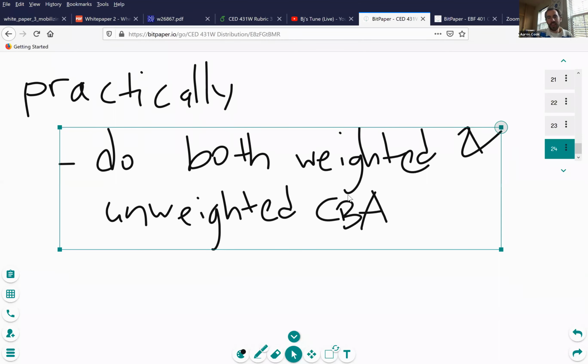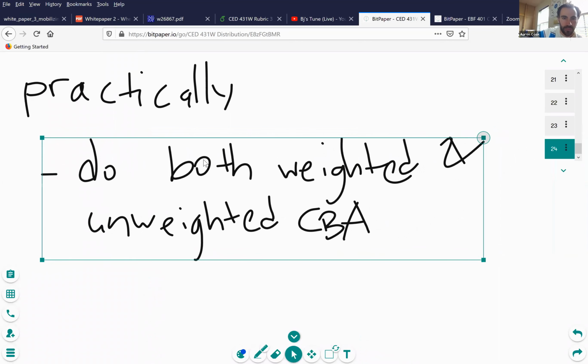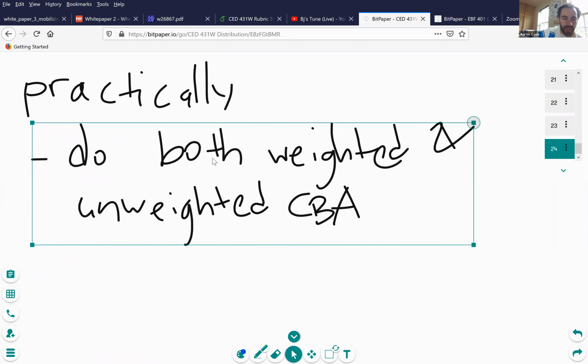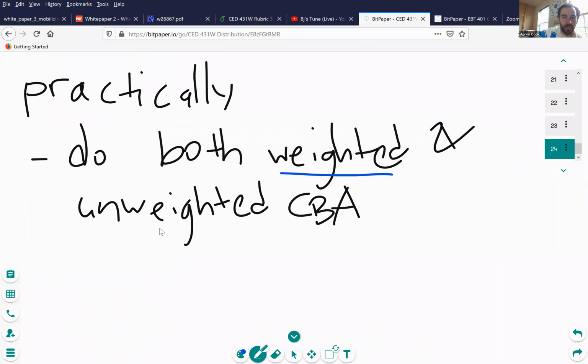Simply implementing multiple versions of the same analysis is very easy to do. You have the computing resources to do it. It's not computationally difficult, and it's not analytically difficult to produce one version with one set of weights, a second version with another, and then maybe one that's just unweighted, at least to allow you to see and disaggregate the payoffs to different groups.